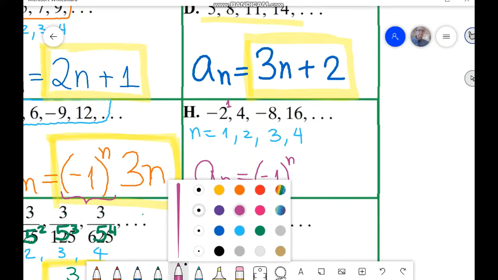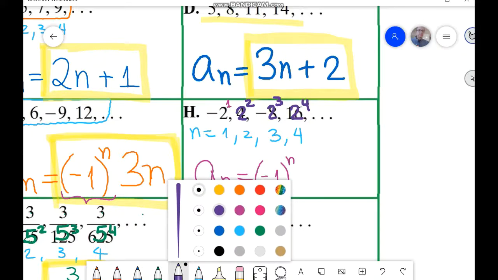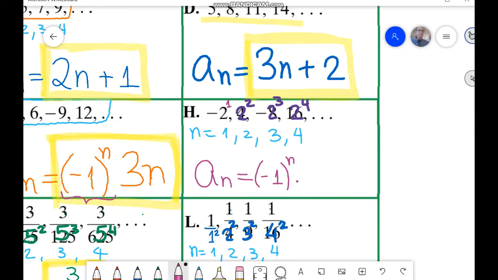We can say 4 is 2 exponent 2, 8 is 2 exponent 3, 16 is 2 exponent 4. So the next number is 2 exponent n. See? Each factor, if you look only at the number, is going to be 2 exponent n.